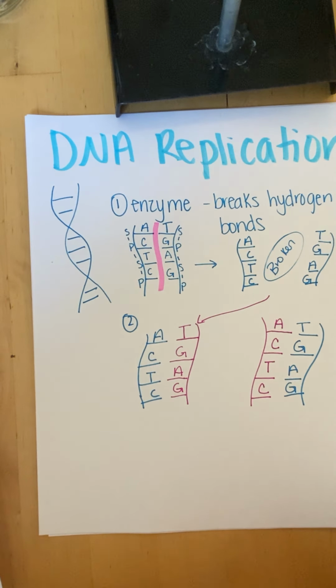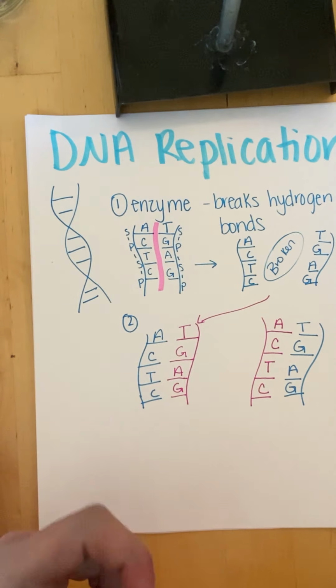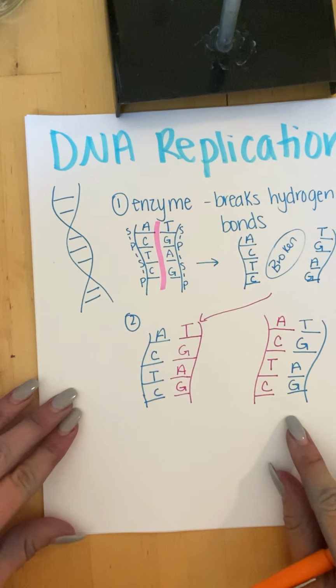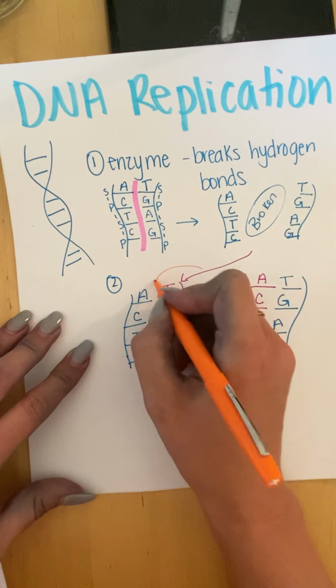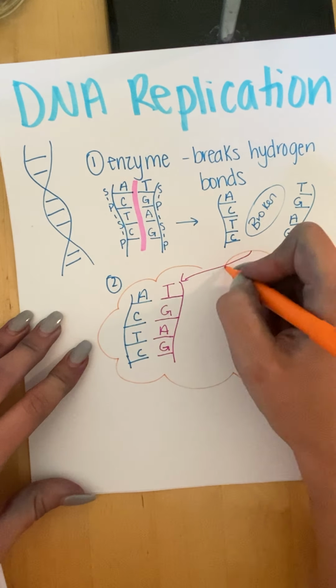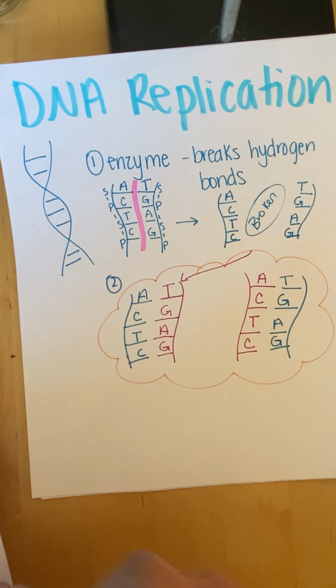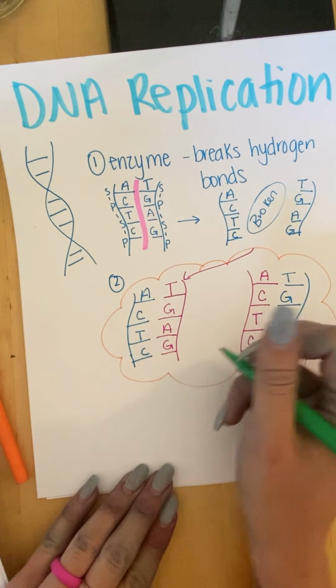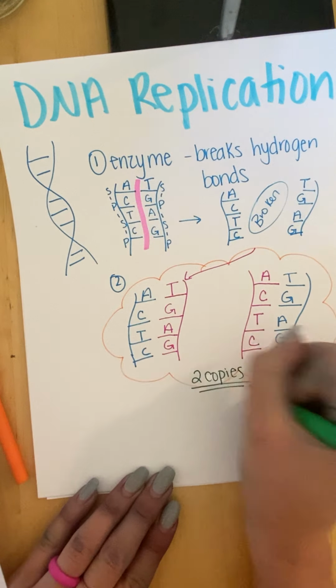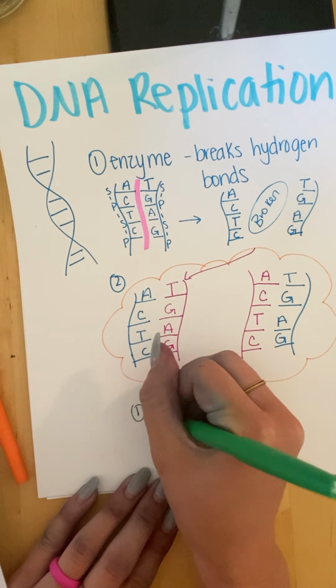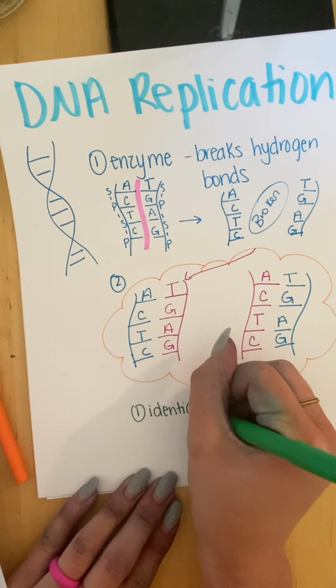Then it's completely proofread, the same way that you would proofread a paper before you turned it in to your English teacher. I want you to notice the result of this particular DNA replication. These are your two products, and this is the way that we're going to describe them. Our 2 new copies of DNA are identical copies.